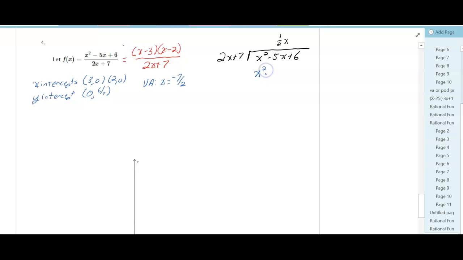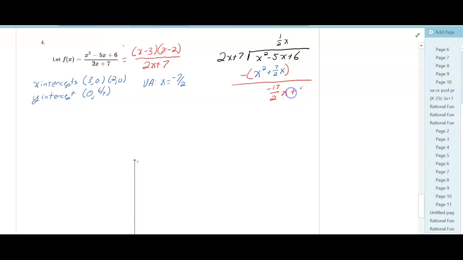So x squared plus 7 over 2x. Now I want to subtract. So then you get -5 minus 7/2. When you do that, and if you need your calculator to help you with the fractions, feel free to use your calculator. You get -8.5 or -17 over 2x.